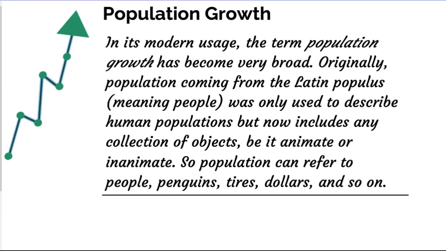Originally, population growth was only used to describe human populations, but now it includes collections of any objects that may increase or decrease in numbers. Again, population growth no longer just means increasing, but is also broadly used to describe decreases in population as well.